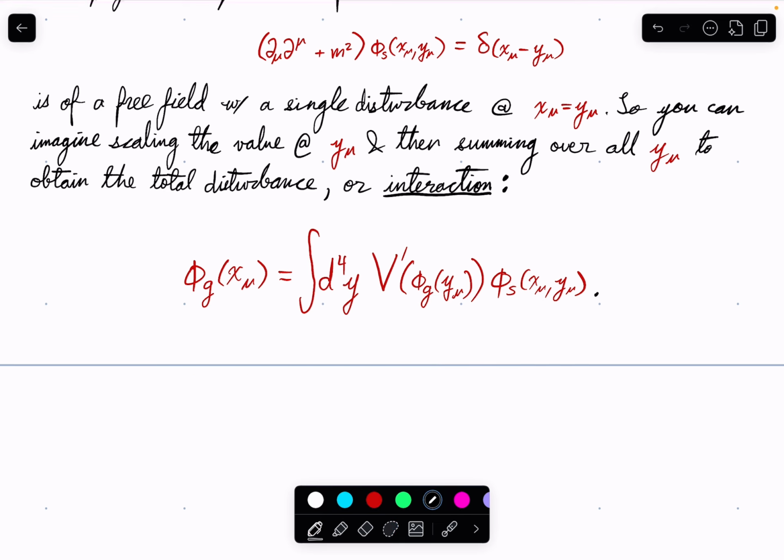So really the total interaction is the sum over all possible places where an interaction can take place, and then what the value of that interaction is. So the total interaction is the sum of all possible places of interaction, and then the scaling of that interaction, how strong it is.